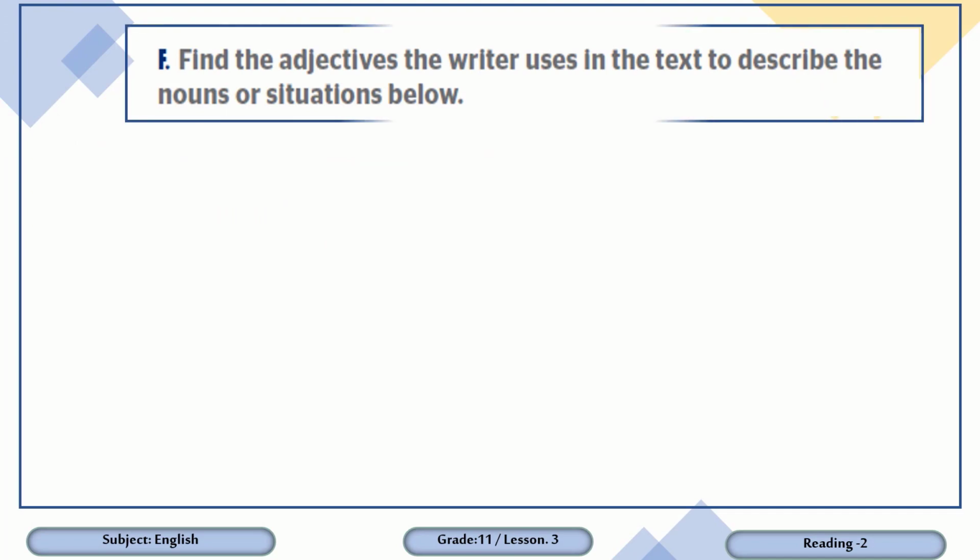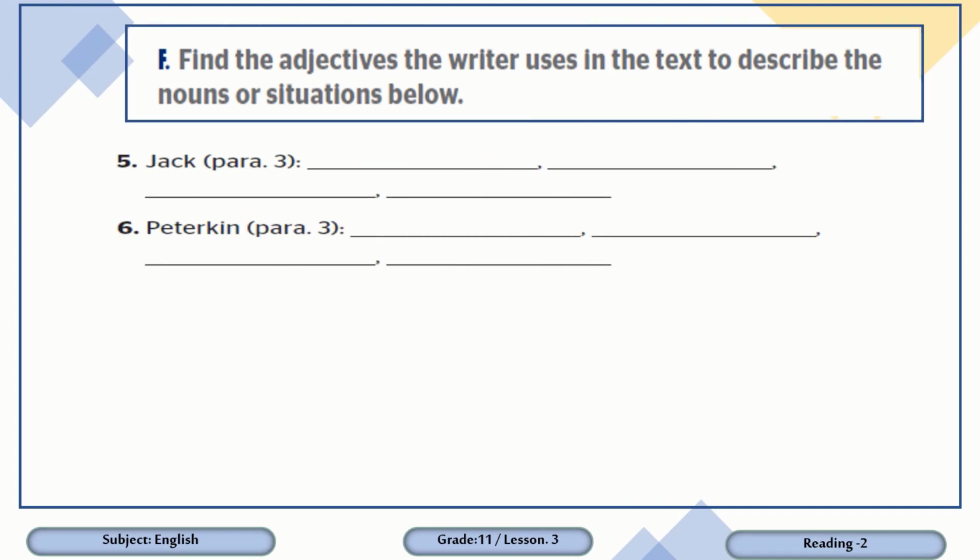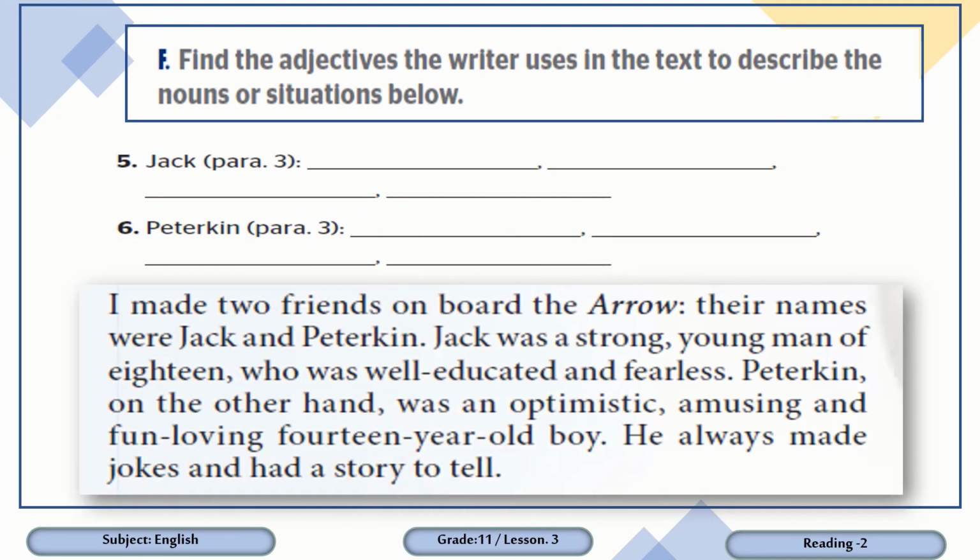Here are the nouns and situations, and here is paragraph 3. As we did with paragraph 2, read paragraph 3, try to get the correct adjectives and write them in front of the nouns or situations. Pause the video, get your answers ready, then play the video again. Now, let's check the answers.